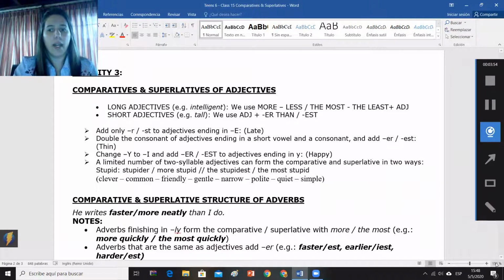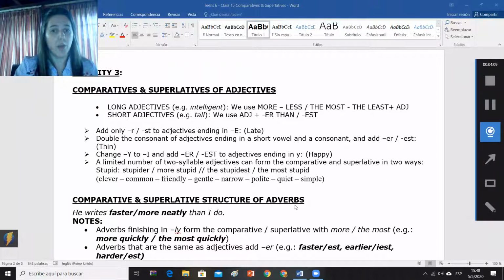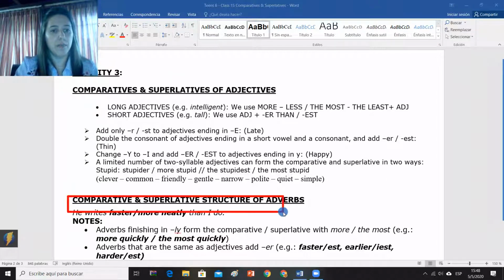Now let's see what happens with superlatives with adverbs. You know that adverbs modify actions. Adverbs modify verbs, actions.